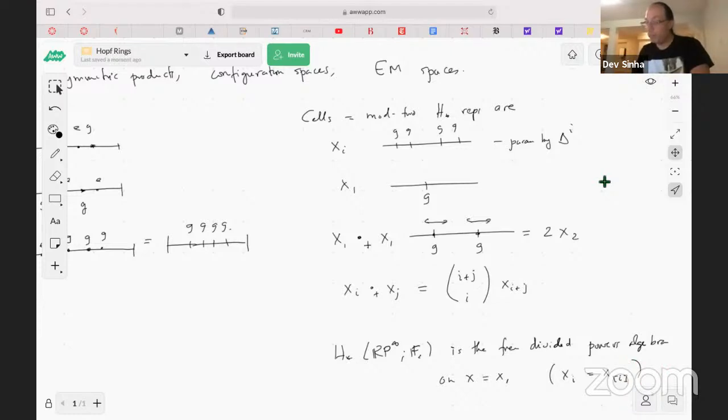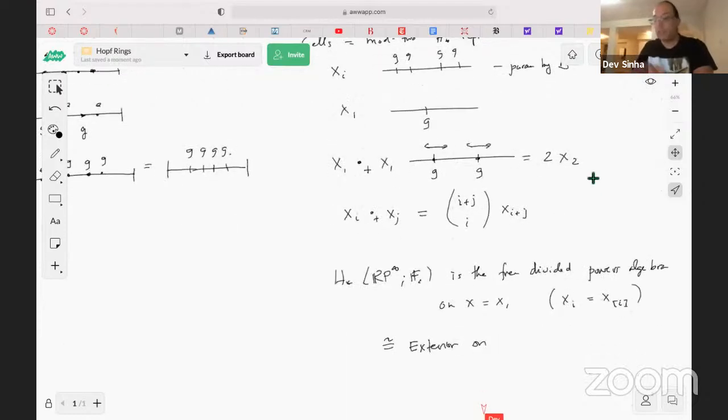This, by the way, ends up being over F2 just exterior on classes X to the i. Because I've got X1 times X1 is twice X2. So X2 is non-zero. I need it in there.